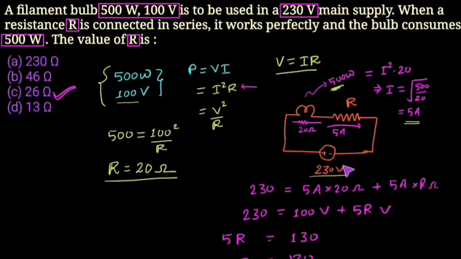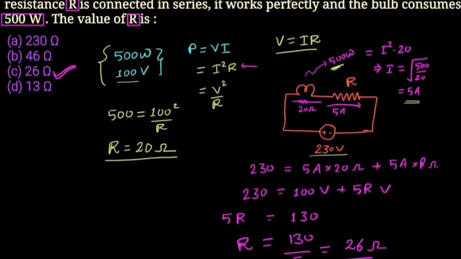This 230 volt will be equal to the voltage drop across the 20 ohm resistor plus the voltage drop across this resistor R. With a little bit of simplification, we find the value of R as 26 ohm. So answer number C would be the correct one.